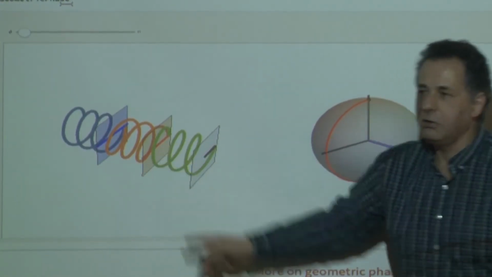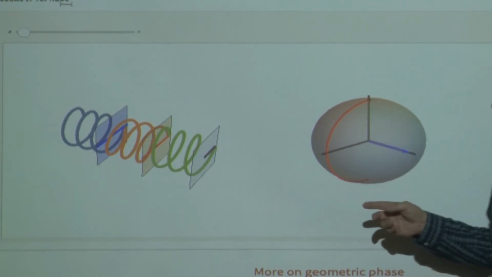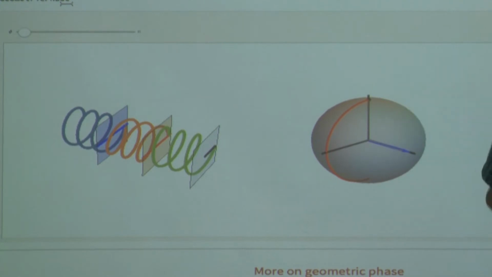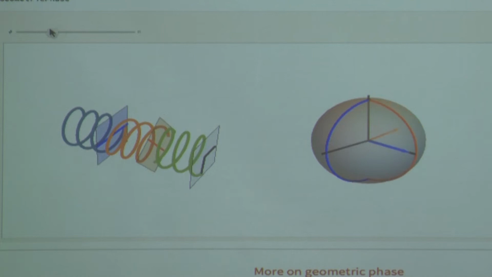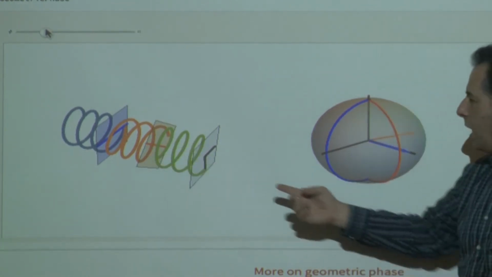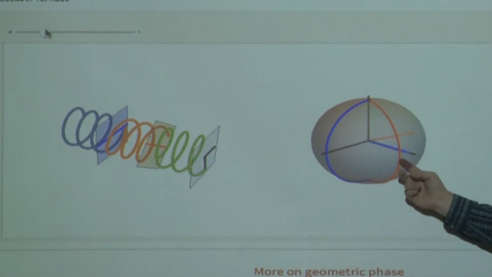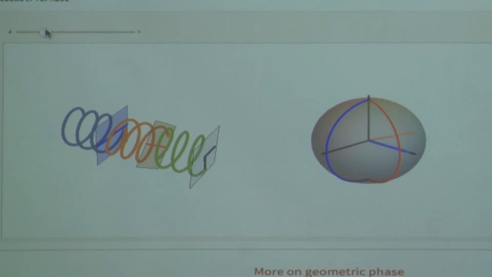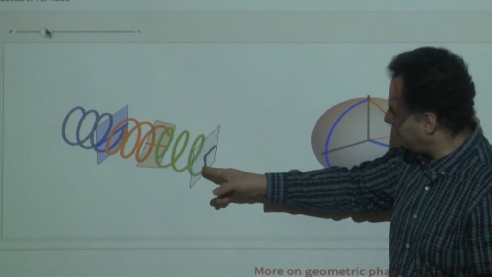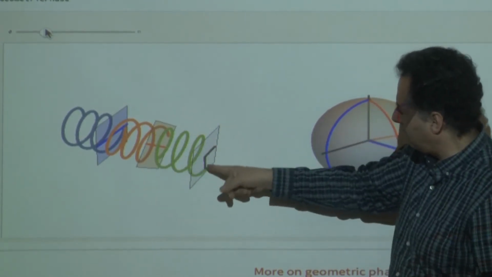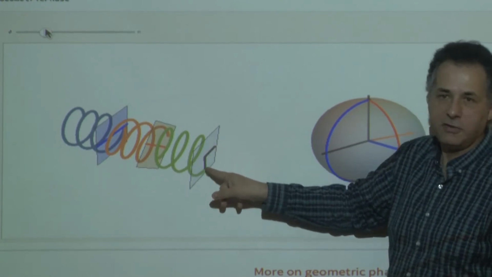If I have a second half-wave plate, that can bring me back to the origin. But if I rotate this second half-wave plate to come back to the original position, the axis around which I go changes. And that reflects the fact that the phase of the final field will change.